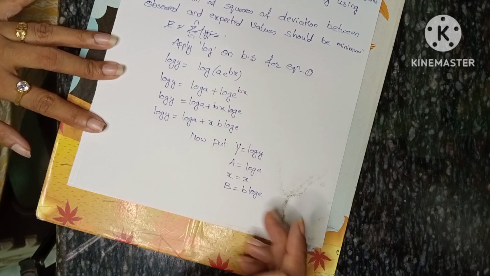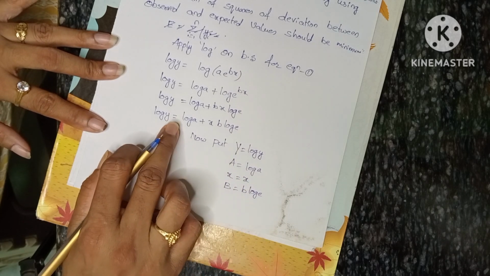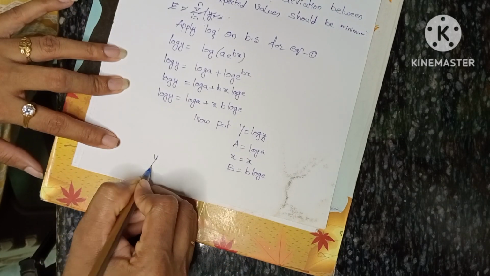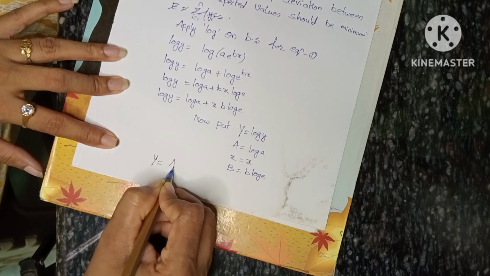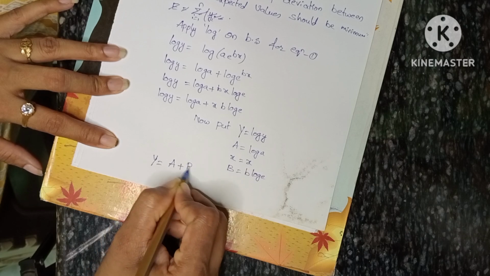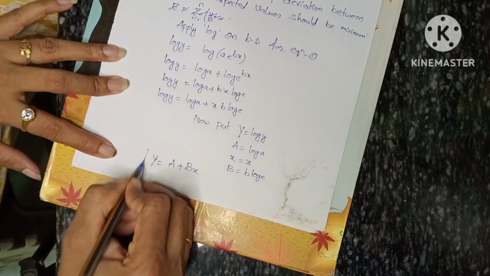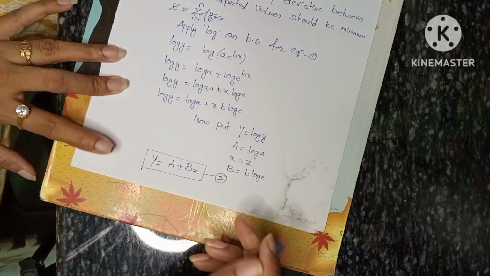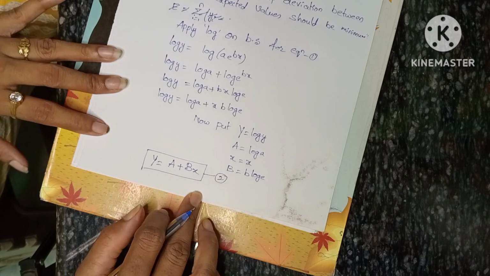These values we have to substitute in this term. So capital Y equals A plus capital B x. We consider this as equation 2. Now this is in the form of a straight line.